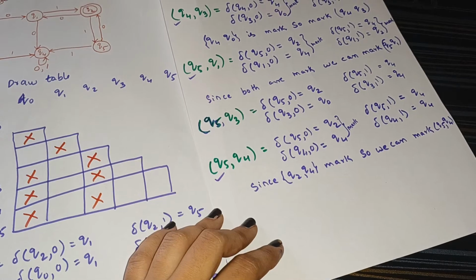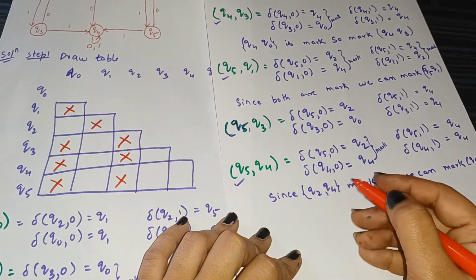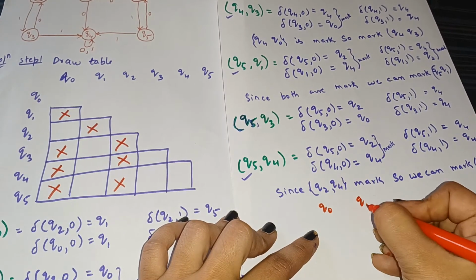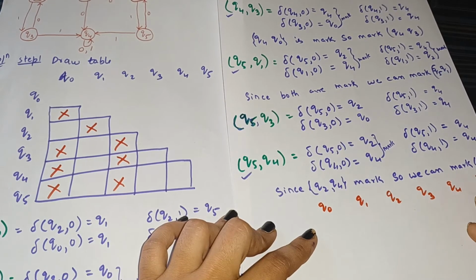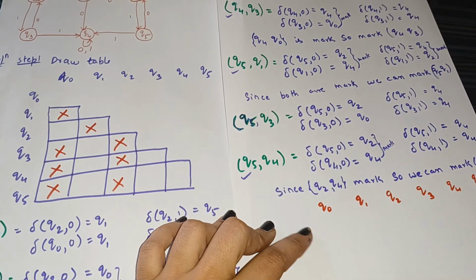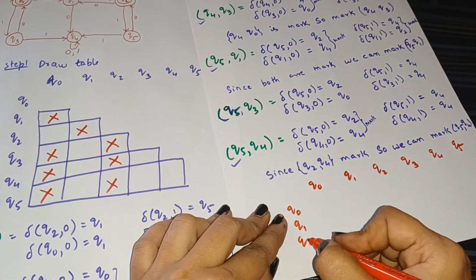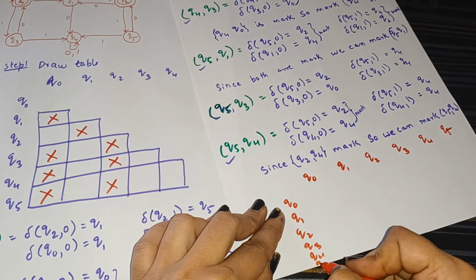So now we will draw this state table again. Q0, Q1, Q2, Q3, Q4, Q5.